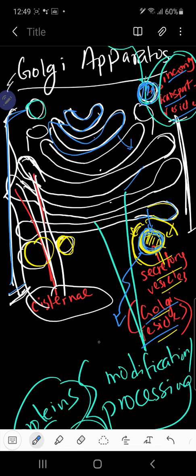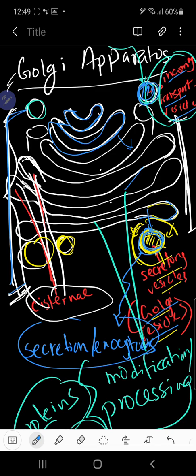This process is called secretion or exocytosis, which is the release of these molecules from the cell. This entire pathway is called the secretory pathway.